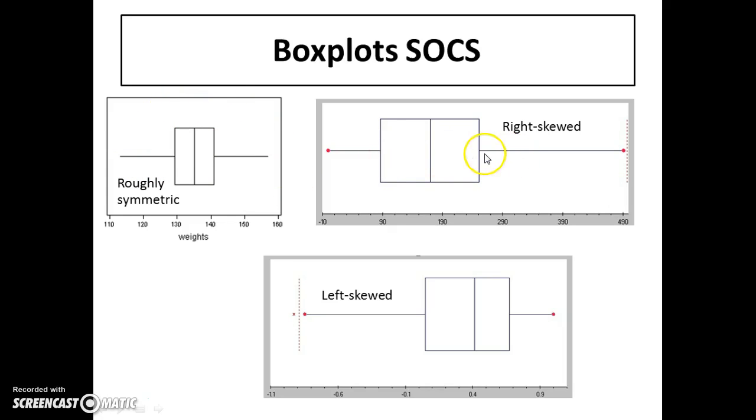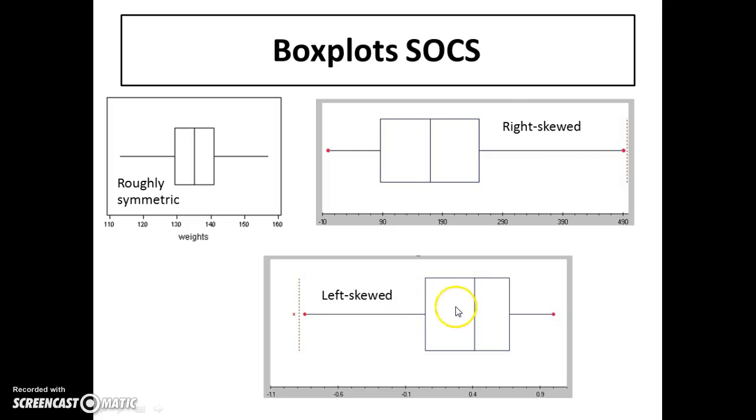In a right-skewed distribution, notice that we have a longer tail out to the right. The distance from the median to the maximum is much larger than the distance from the median to the minimum. There's way more variability out here, which means this is where our long tail would be. So this is right skewed.